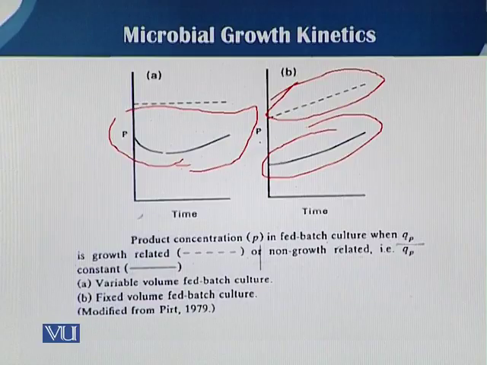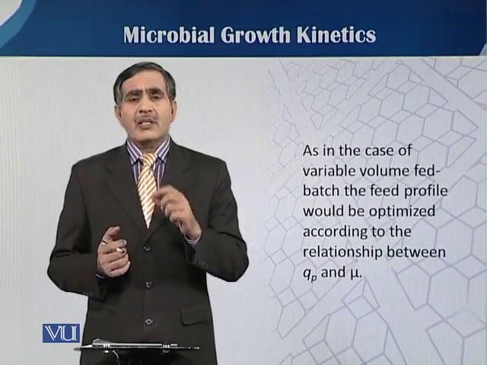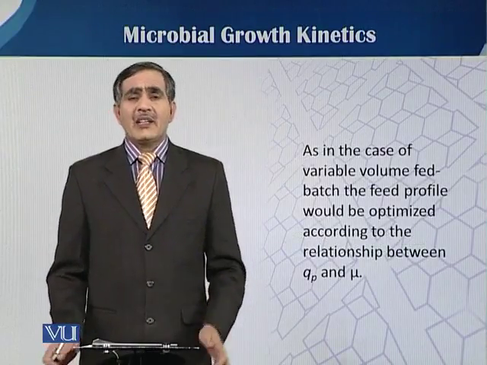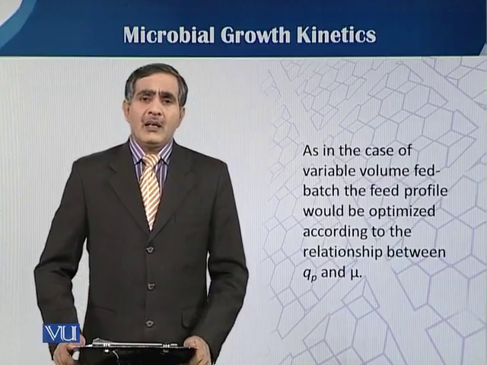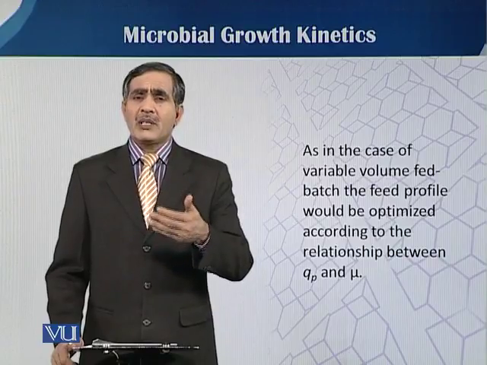So these two diagrams easily show us what kind of relationship there is in fixed volume and variable volume, with respect to secretions that become very toxic and have a very negative effect on mu, which we call the specific growth rate.